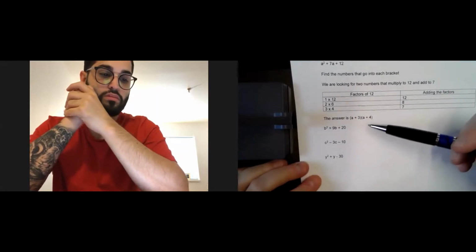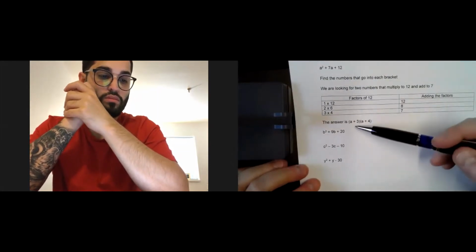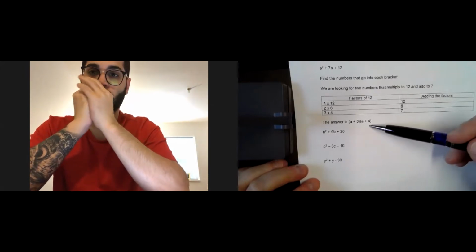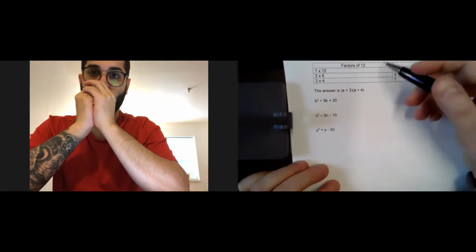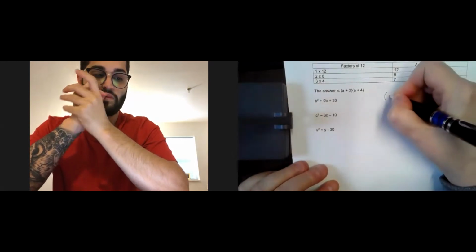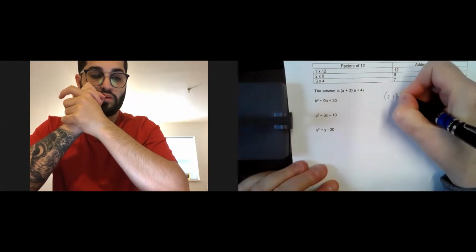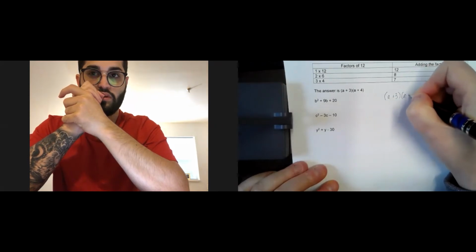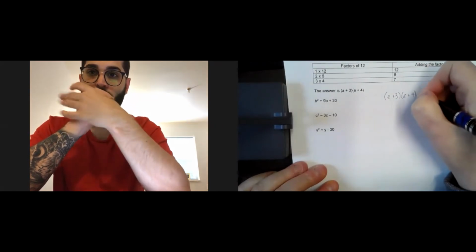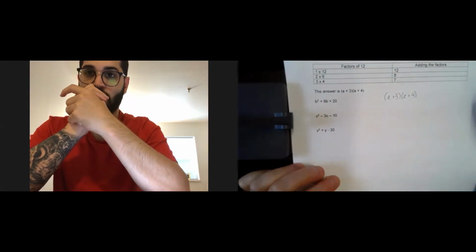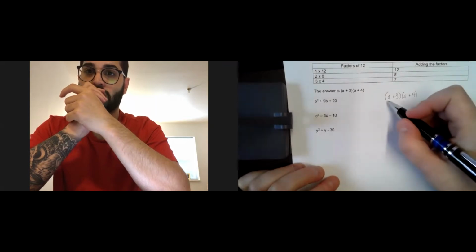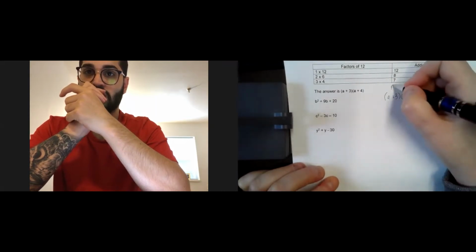So ultimately, to break this down, we end up with a plus 3, a plus 4. And if we do the FOIL method, a plus 3 times a plus 4, and you can also type this into your calculator. You don't have to do it by hand. We're doing FOIL again.